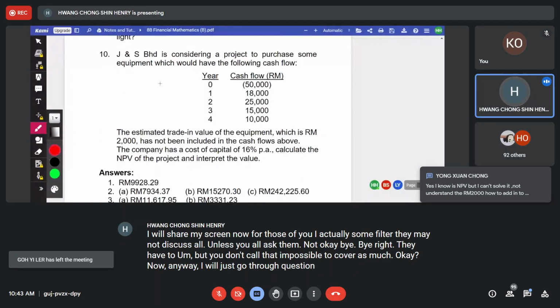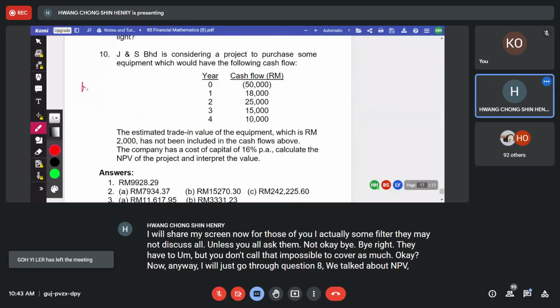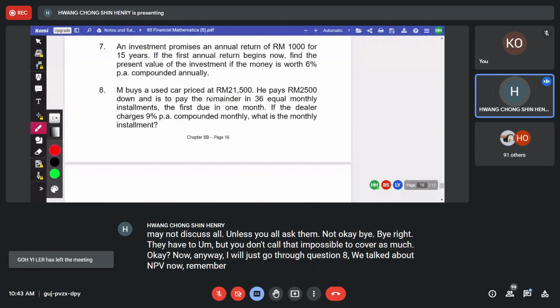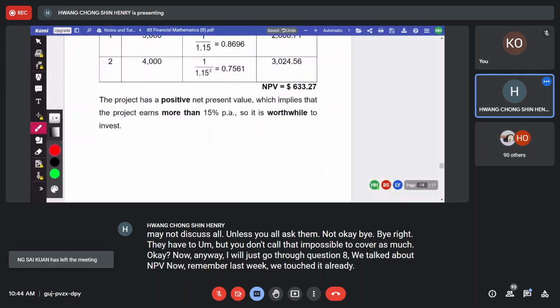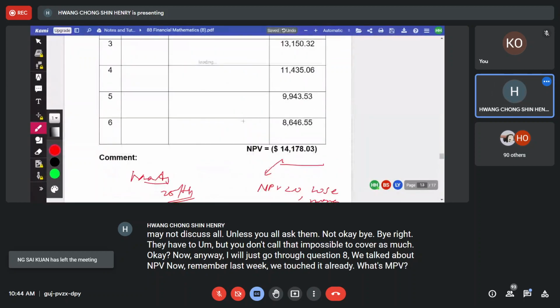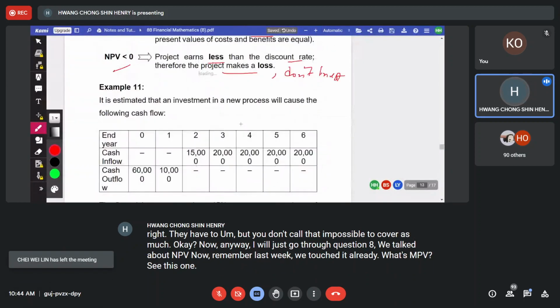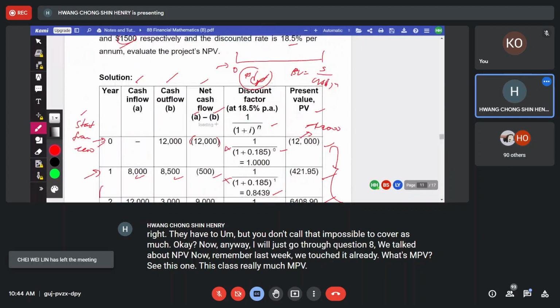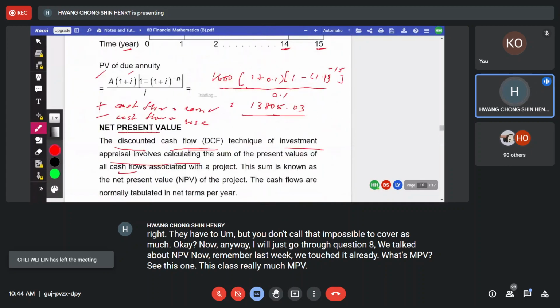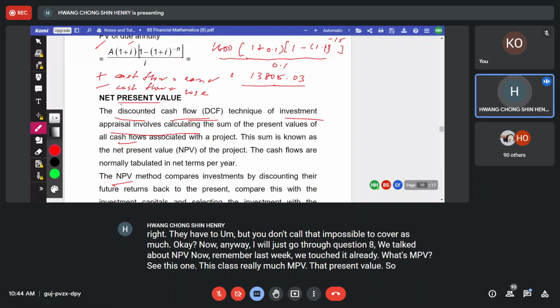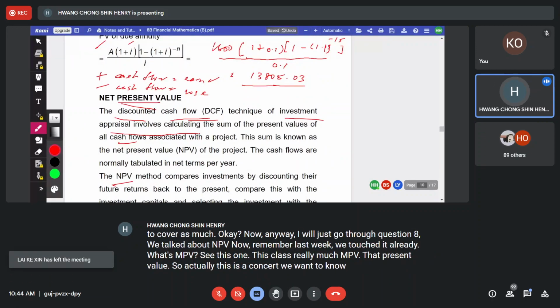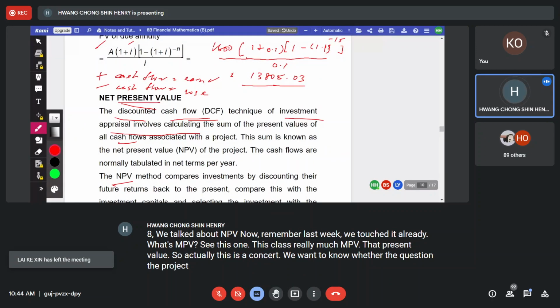Question 8, we talk about NPV. Now remember last week we touched on that already. What's NPV? Discussed already. Net present value. Actually, this is a concept where we want to know whether the project will be worth investing in or not.